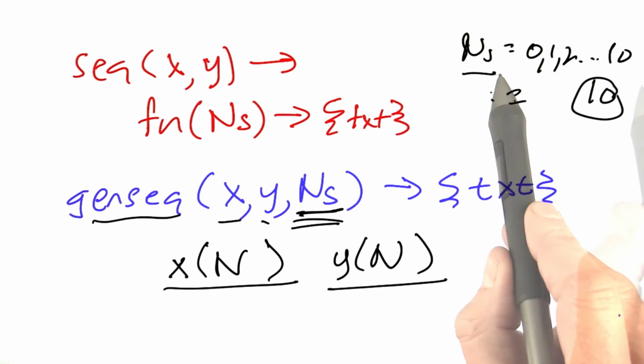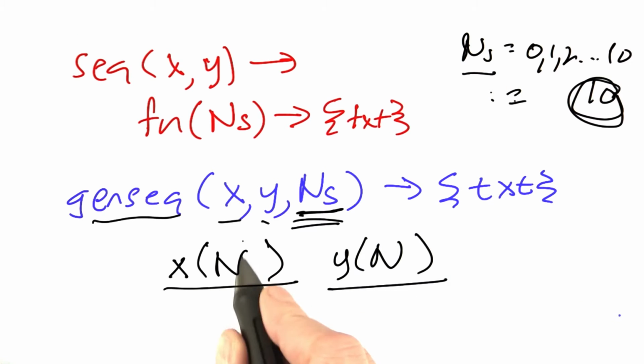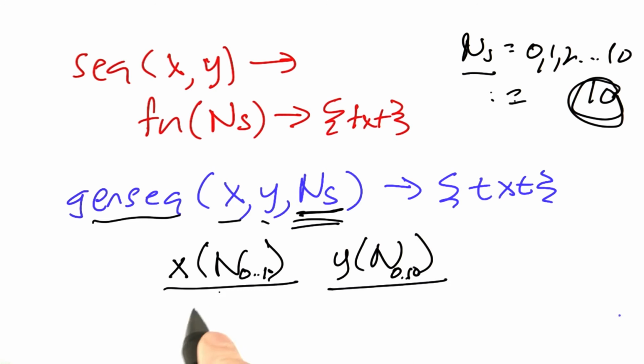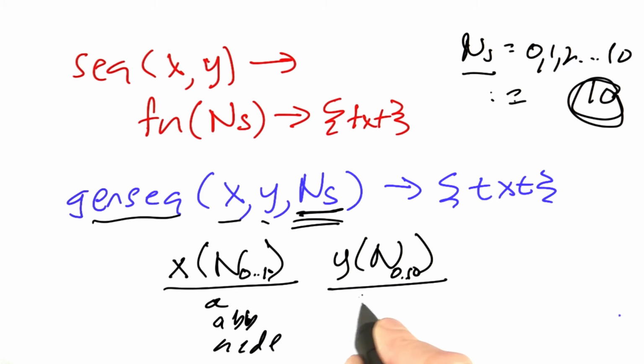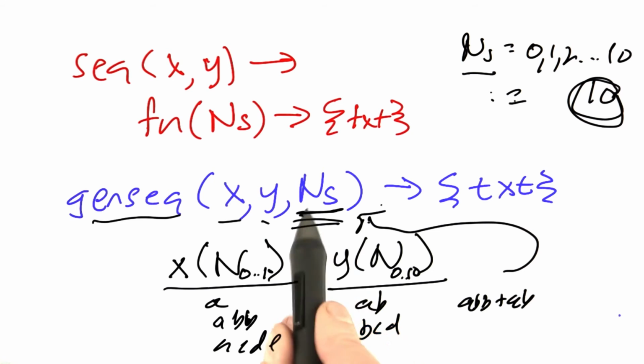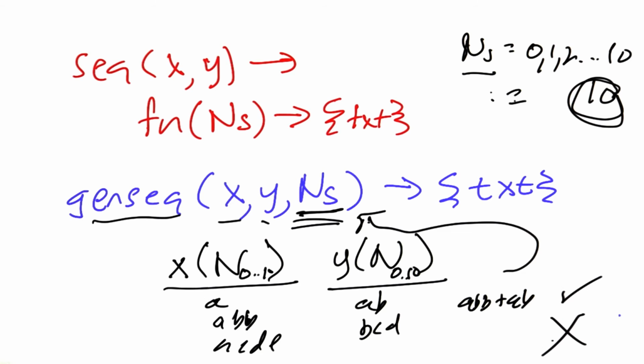So in this example, if ns is equal to 10, here we want to have the n's be everything from 0 up to 10 inclusive in both cases, and we get back some results, like say A, B, B, A, C, D, E, and so on, and some other results over here, A, B, B, C, D. And then for each of them, we add them up, and if we say ABB plus AB, and check to see if that's in NS. If it is, we keep it. If it's not, we don't keep it.